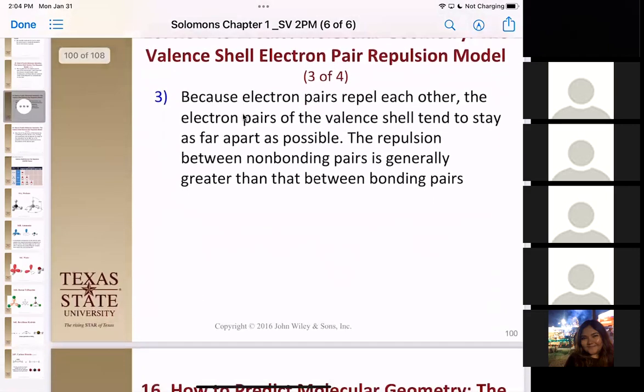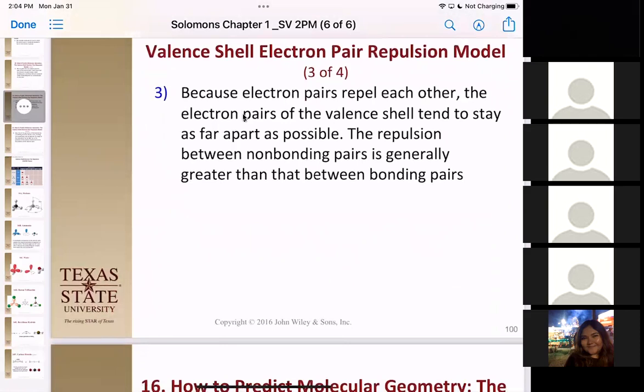Okay, so because electron pairs repel each other slightly more, because there's 2 electrons and they take up a little more room than other bonds, we're going to see that they're going to spread things out a little more than we would expect from their hybridization. So we're going to see a difference in the hybridization ideal angle and the actual found angle in our final molecule, based on how many lone pairs we have.